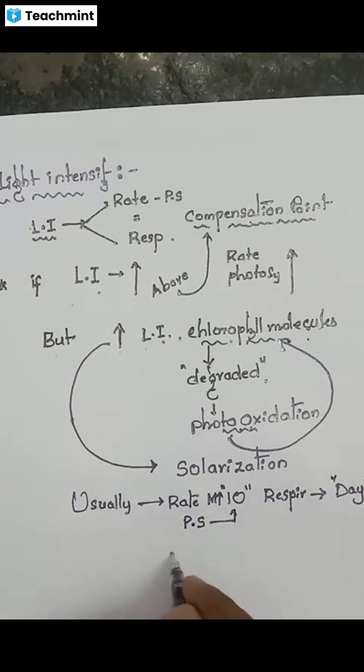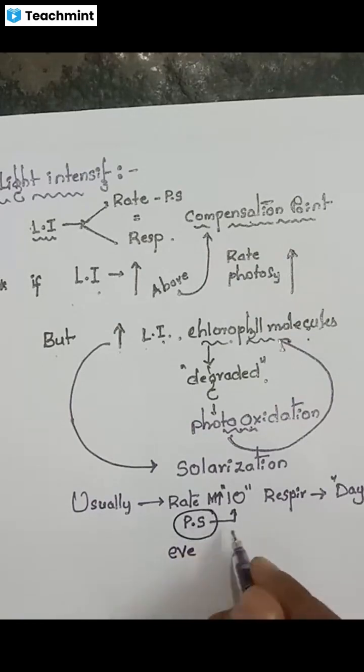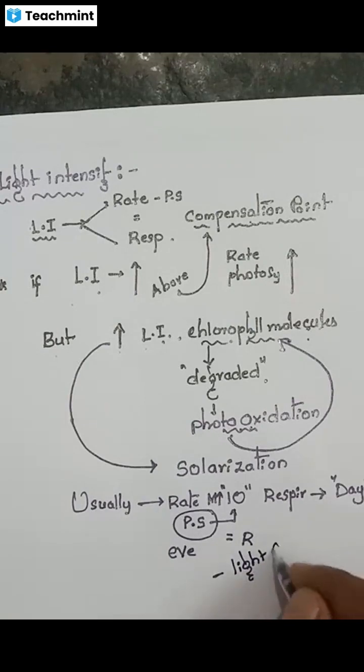But in the evening, the point at which the rate of photosynthesis is equal to respiration is known as the light compensation point.